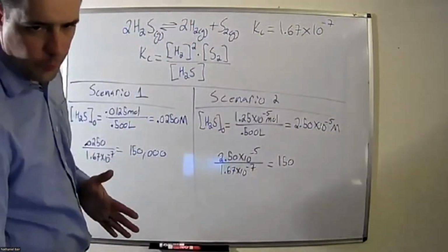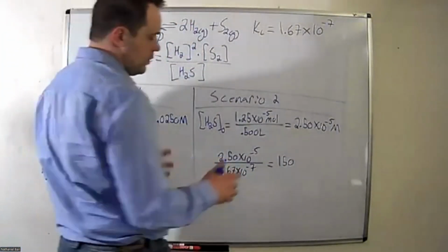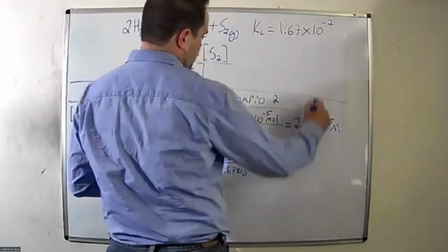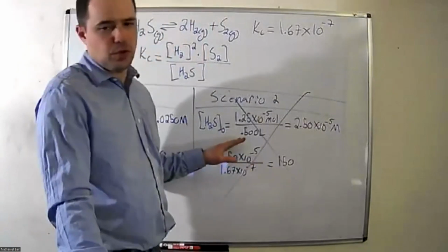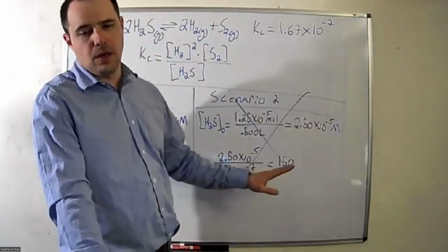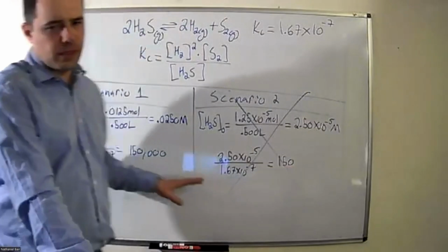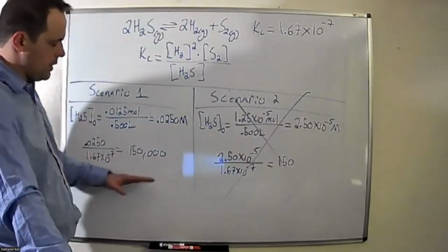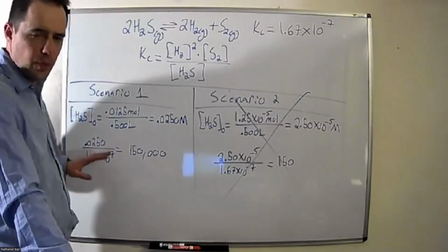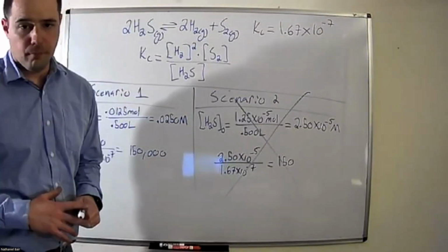We are not going to move forward with scenario 2. You cannot make the x is small assumption in scenario 2. We did not get a ratio of our lowest initial concentration to the constant of 500 or greater. But in scenario 1, we did get a ratio of 500 or greater. We're going to move on with scenario 1.